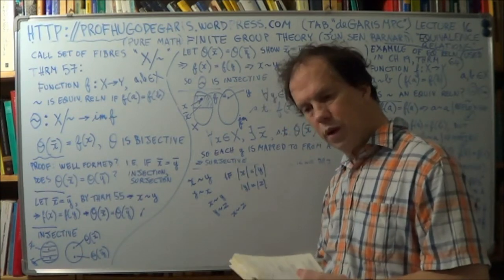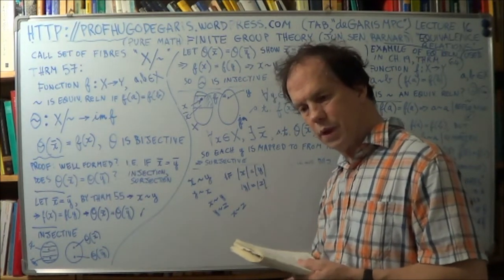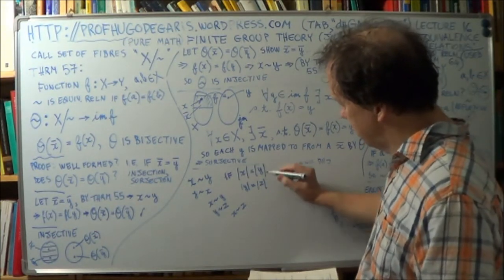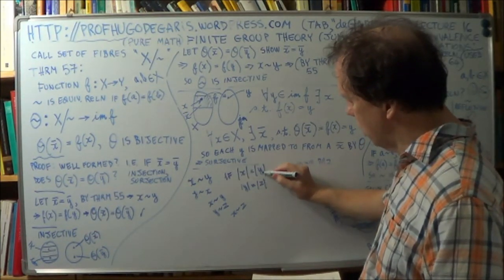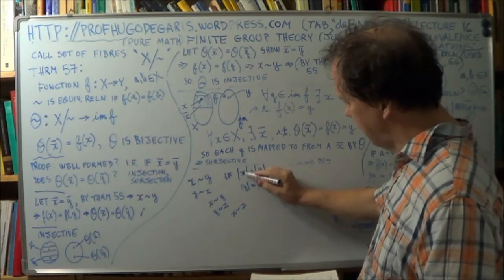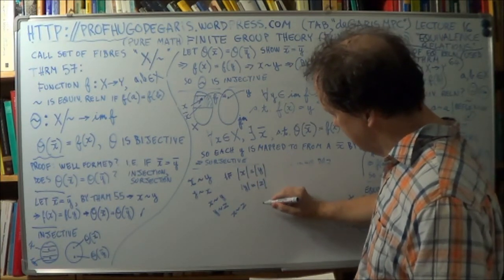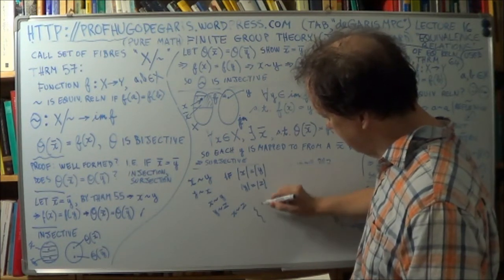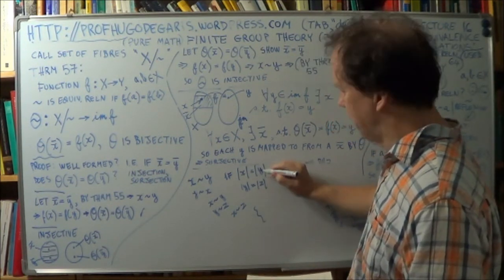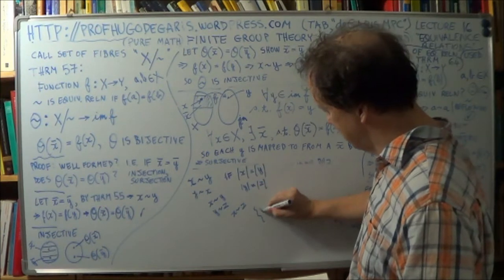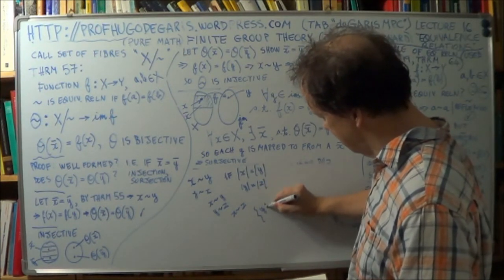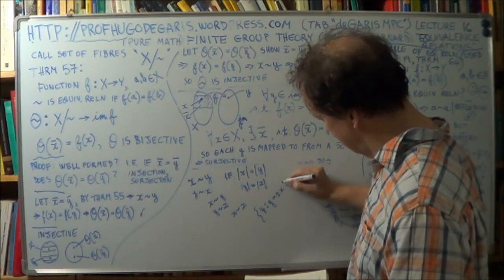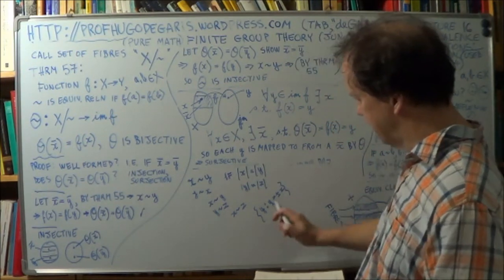So what are the equivalence classes? Well, we're talking about mod. So what are the y's that give you the same value as that? You could have plus or minus x. So it's the set of y's such that y is equal to plus or minus x.